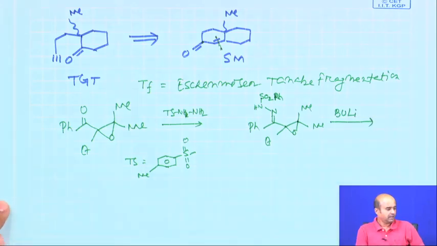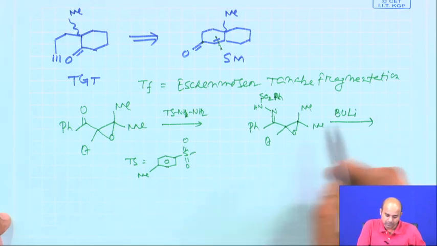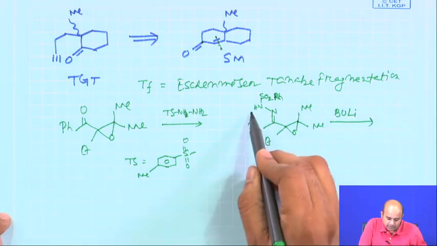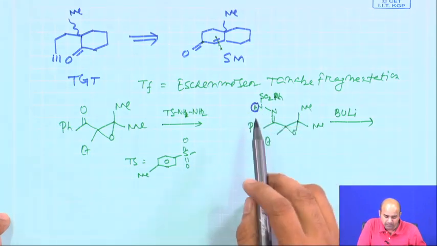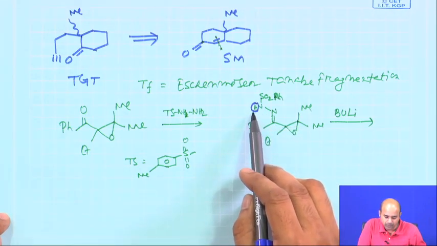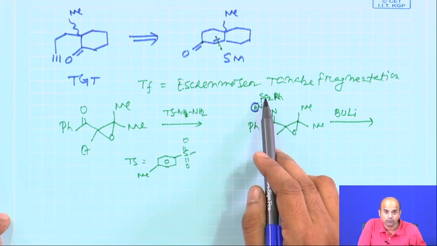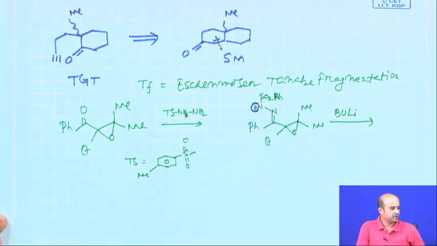Now, this butyl lithium will try to abstract this particular hydrogen, which seems to be very much acidic due to the presence of this nitrogen as well as this sulfone group, by electron withdrawal. So, fine.